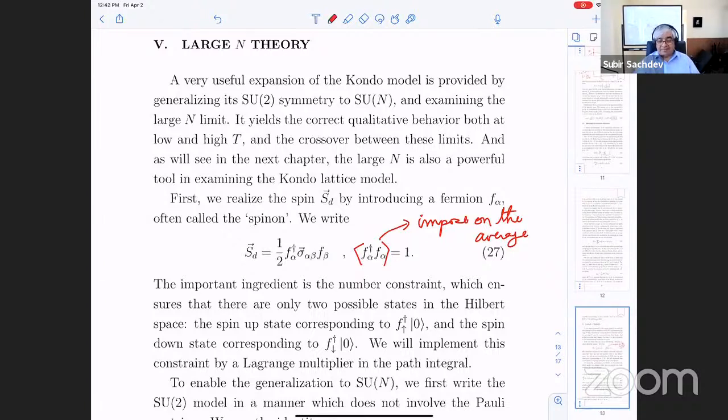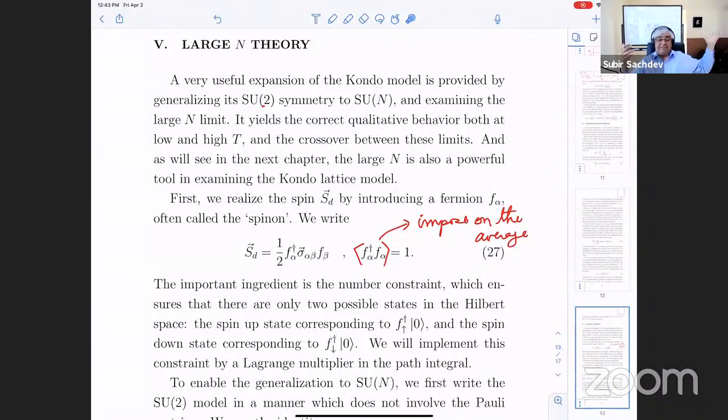So that's an approximation, and that approximation becomes exact in a certain limit: where the number of spin components, right now we're talking about just 2 possible spins, up or down, is n. Then the symmetry goes from SU(2) to SU(N), and in the limit as n goes to infinity, imposing the constraint on the average becomes exact.